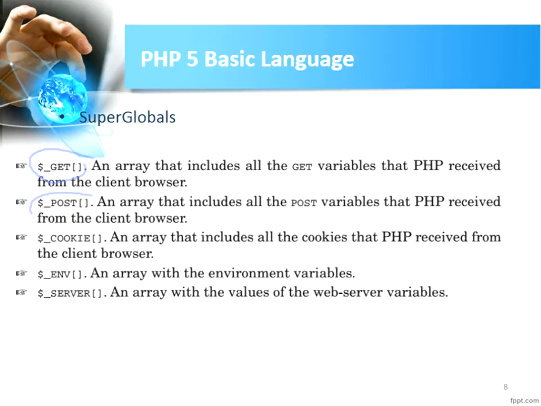Here there are not only global but superglobals, that means predefined arrays or predefined structures. So here we can find server, an array for the values of the web server variables, an array with the environment variables, an array for cookies variables, an array for post variables, an array for get variables, etc.